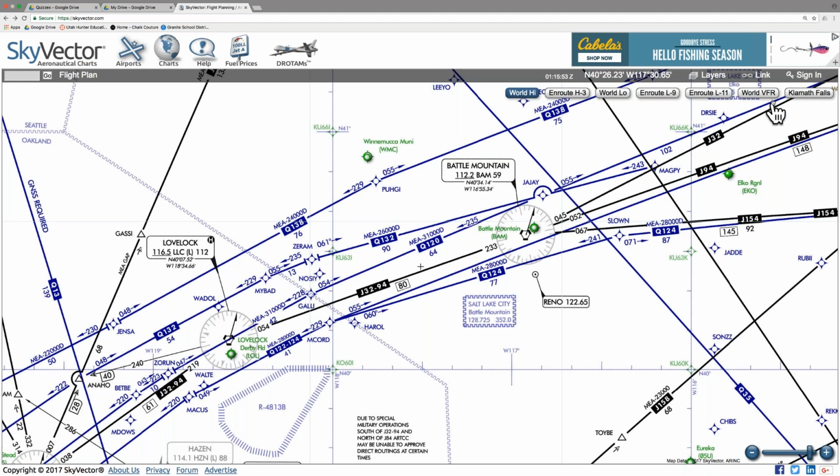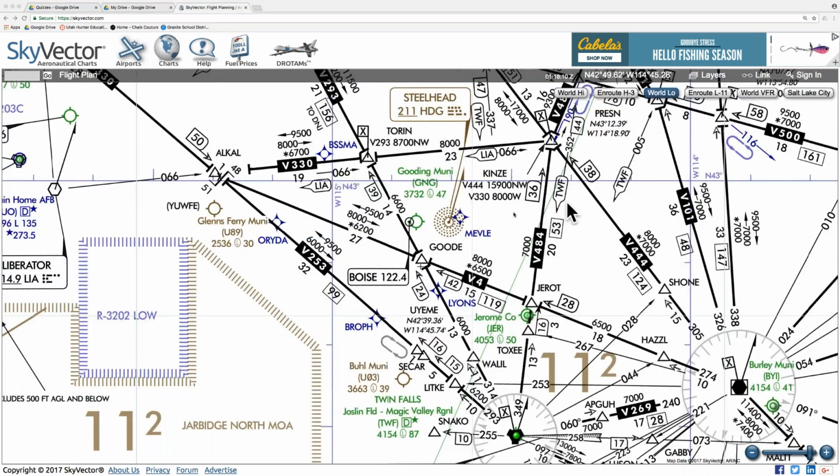They use it mostly for reference. But this is what an NDB looks like on your chart. It's this little circle with these dots. This gold symbol here with the little circle in the center, and then dots in concentric circles around it.